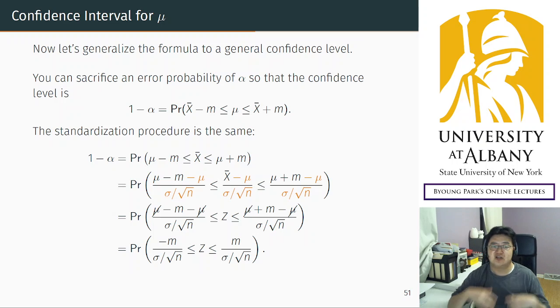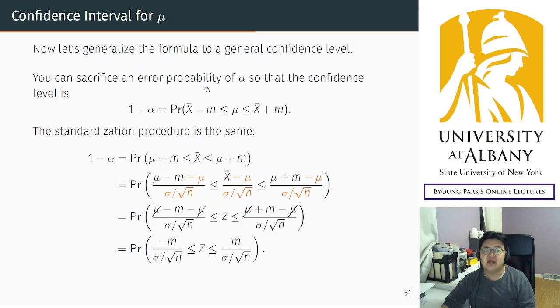So this is a general case scenario without specifying the confidence level at 95%. I will leave the confidence level as 1 minus alpha. So 1 minus alpha is the confidence level, and alpha is the error probability. I will allow alpha percent error probability, and then everything is the same.